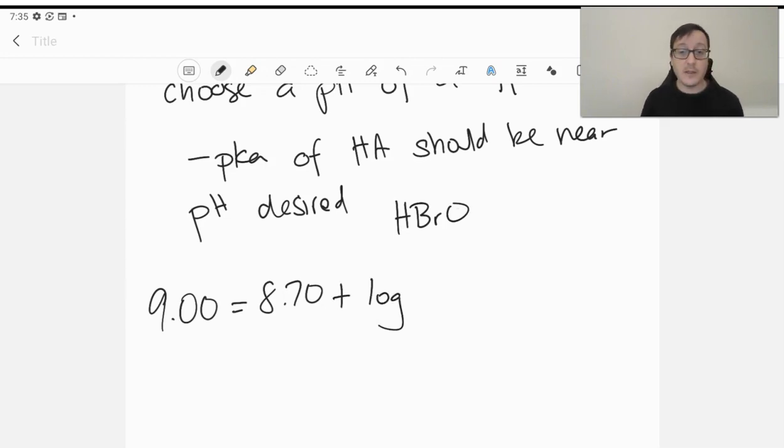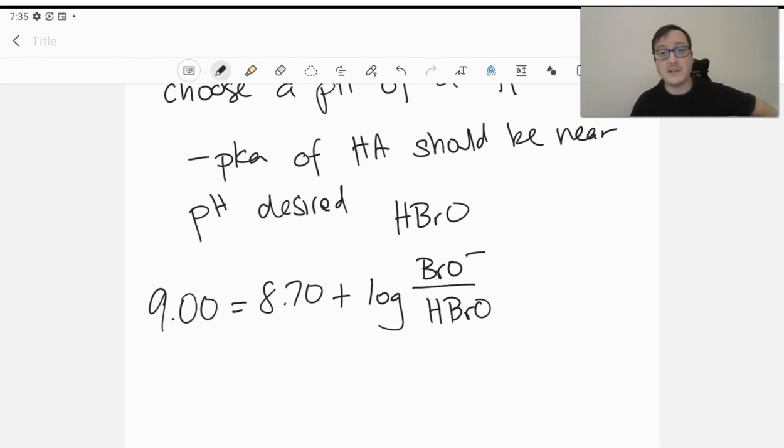We can figure out what the relative concentration of these two would need to be in order to make that pH of 9. So we would have our concentration of hypobromite and of hypobromous acid. Generally, you can just choose one of these or it'll be given to you. So say I want the hypobromous acid part to be 0.25 molar.